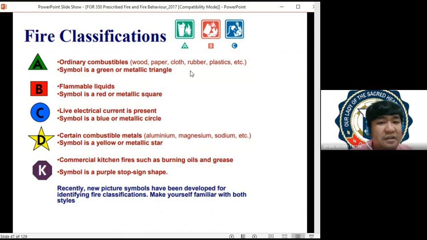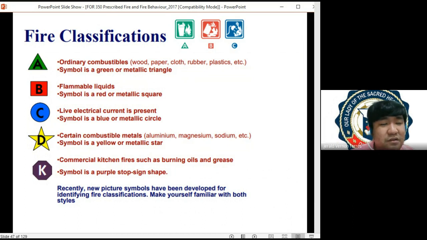Meron din tayong class B fire, due to flammable liquid, yung mga gas natin, propane, butane. Meron tayong class C fire, meaning it's due to electrical current, the overheating of electrical wire. Meron din tayong class D fire, which is metal fire. So chemical reaction ng aluminum, magnesium, sodium, or any metallic fire that causes the burning event.